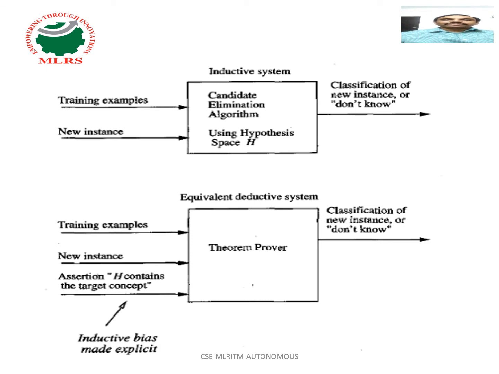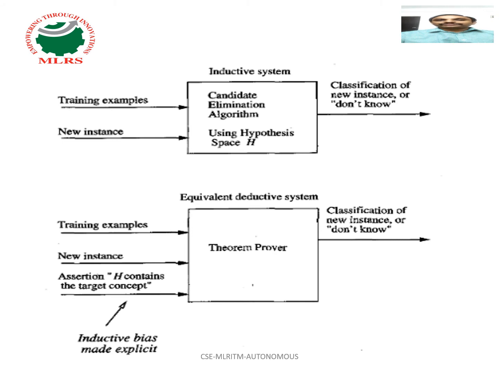Now you come to the equivalent theorem prover system using the inductive bias. In this case we are developing the system using training examples, and we are also giving the inductive bias. So we are making that inductive bias an explicit input.